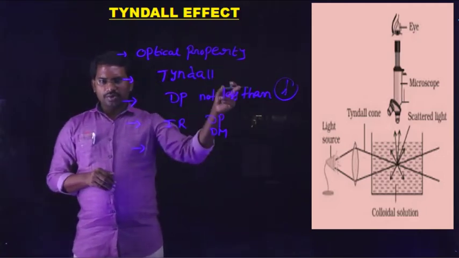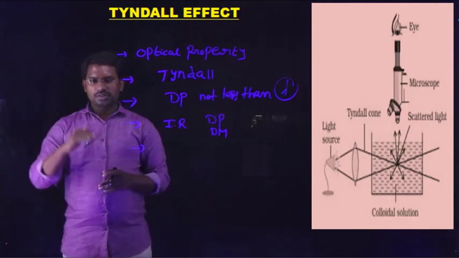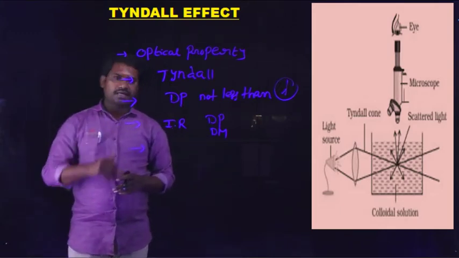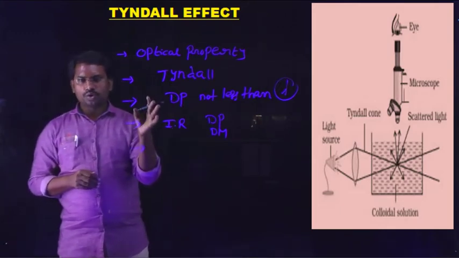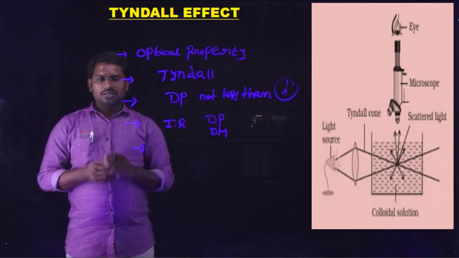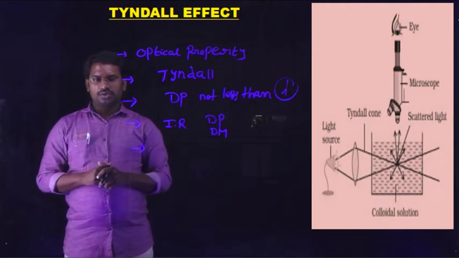As shown in the image, an ultra microscope is placed on the surface of the solution at a right angle, that means 90 degrees, on the surface of the colloidal solution.